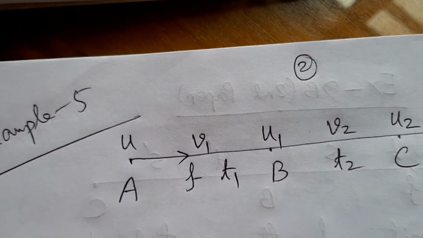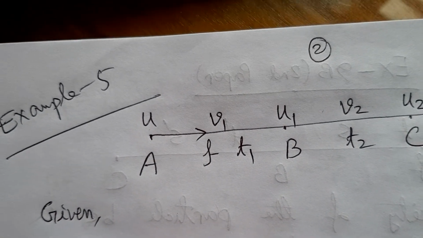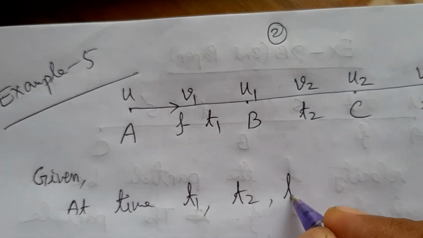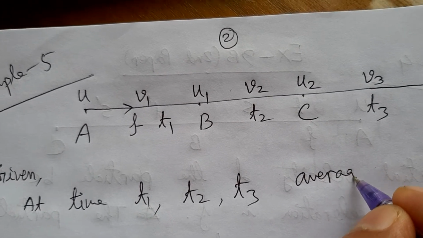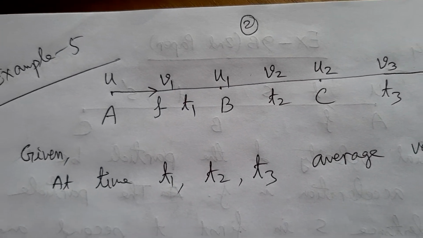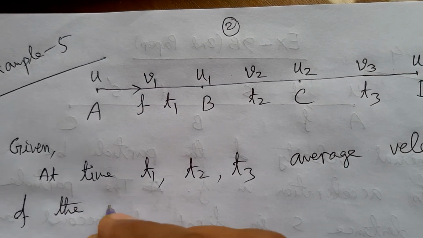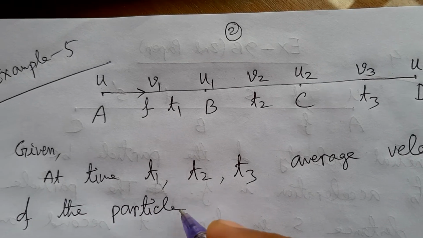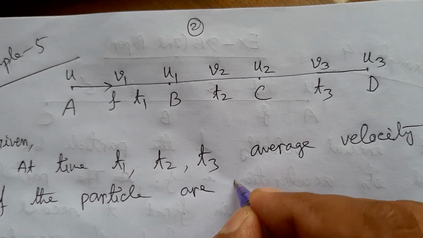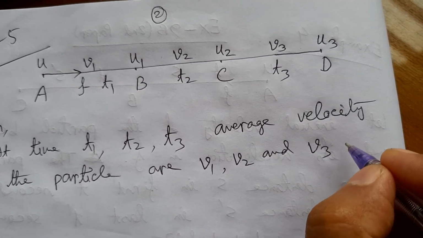So now we can write, given, at time t1, t2, t3 the average velocity of the particle are v1, v2 and v3 respectively.